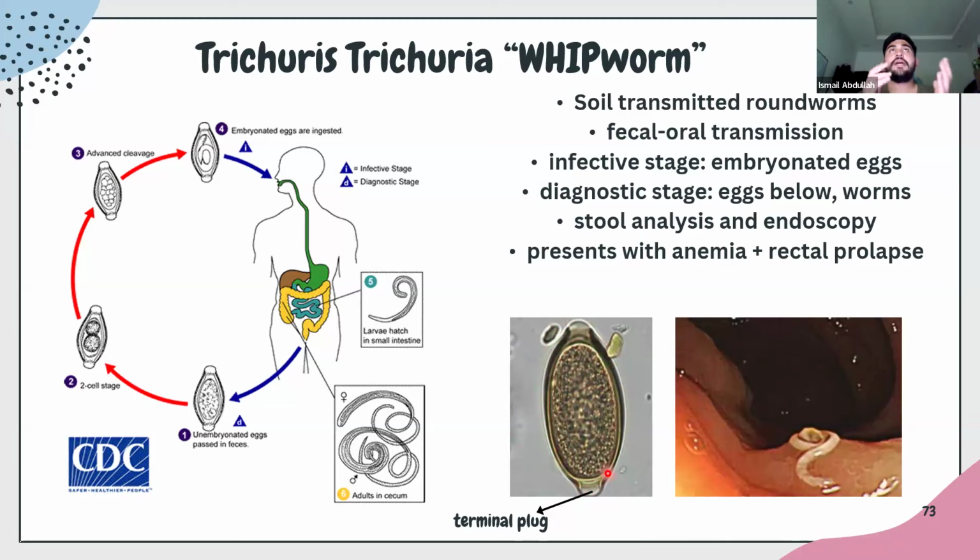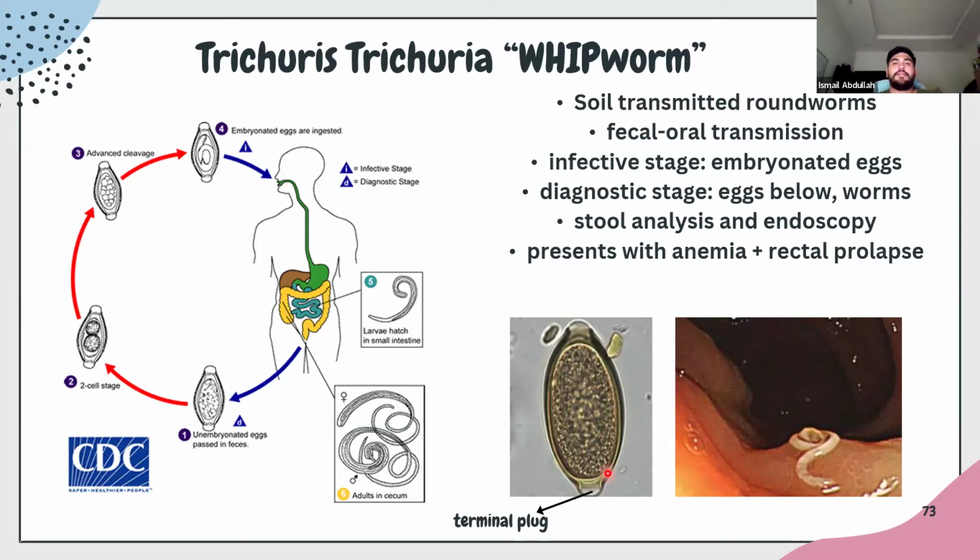So if they give you a scenario where there's a child who is pale and has been feeling extremely fatigued, with all signs of anemia, and upon physical examination the child has rectal prolapse, like when he sneezes you'd actually see the rectum outside of its place, this is rectal prolapse, and this is seen in whipworm. So it's very important to know how they present.